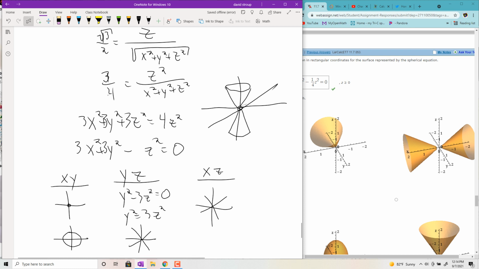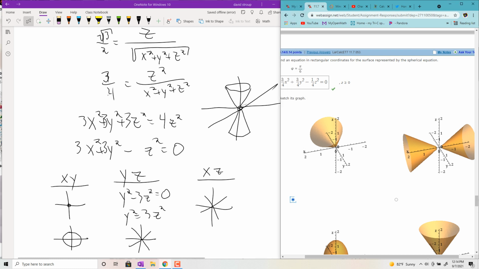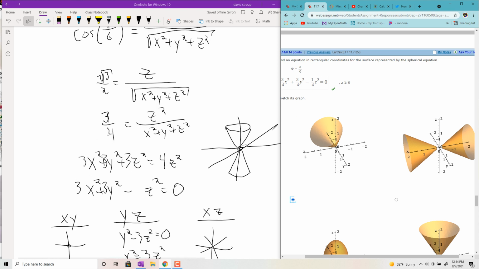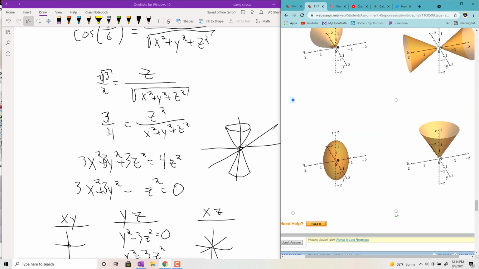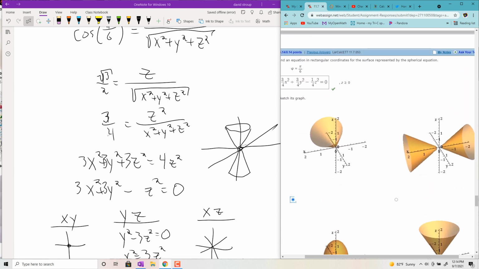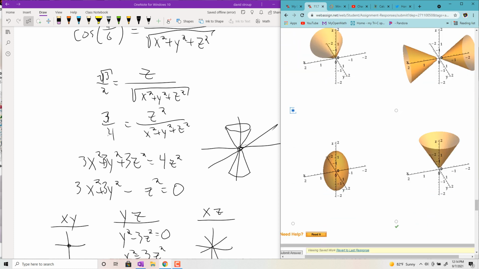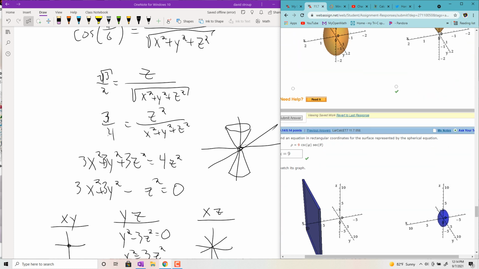Okay, yeah, so that's the same thing. They just multiplied. If you multiply by 4/3, you get my answer, or something of that nature. Okay, so yeah, that works. And then it would be a double-headed cone, but because they're restricting z to be greater than or equal to 0, it's just the top half of the cone.